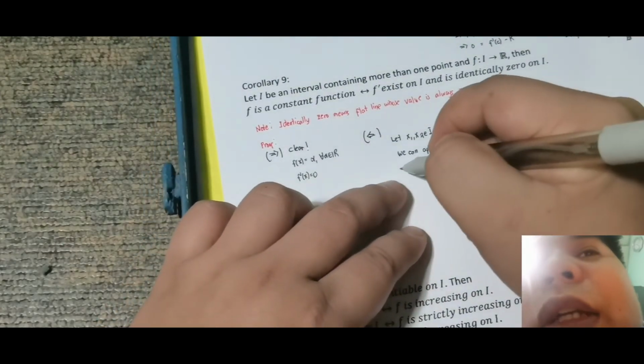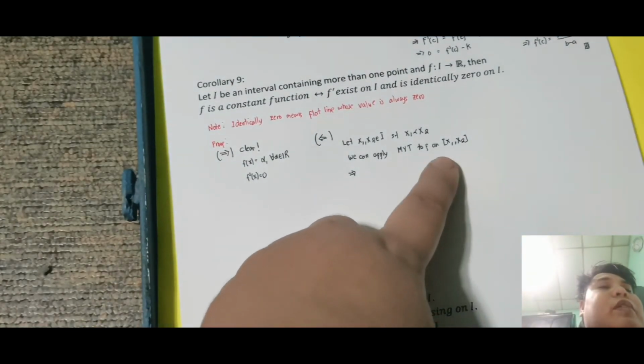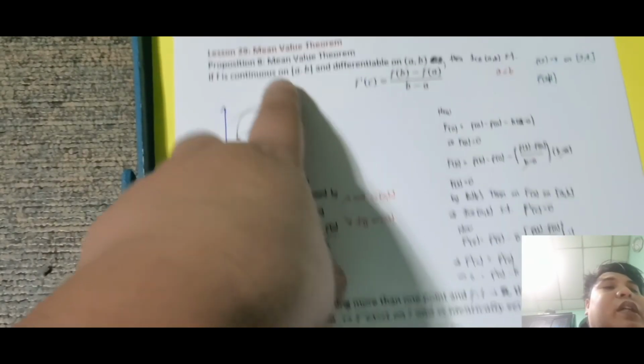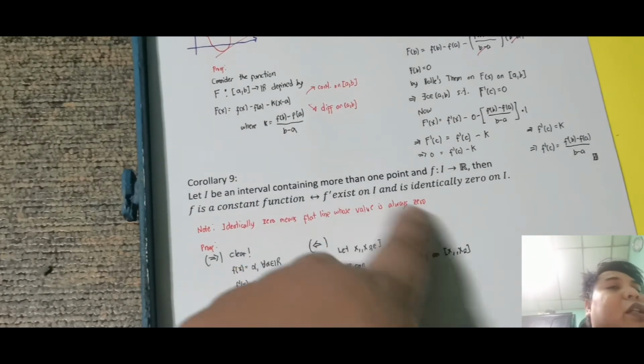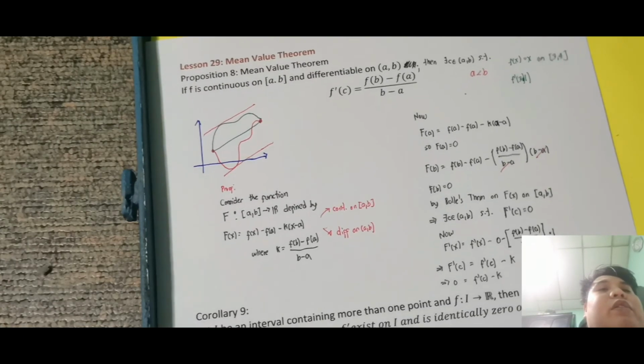Sabi nga niya, if f is continuous and differentiable on closed interval. Since differentiable ako doon, therefore ako ay continuous kasi meron tayong proposition or lemma na ganun. So therefore pwede kong i-apply si MVT.